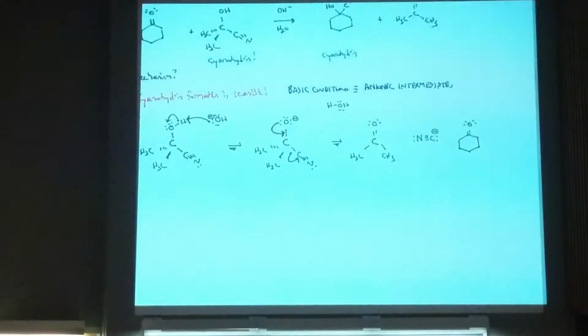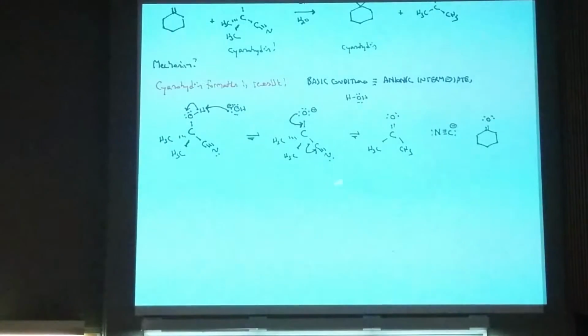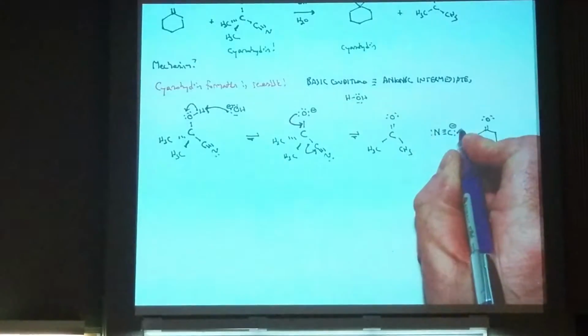Well, if you don't believe me that the steps that we just went through are the reverse of the steps of cyanohydrin formation, guess what we've got to do to get the other product? We've got to make a cyanohydrin. We're going to have it all in one mechanism, and you'll see how it's reversible.